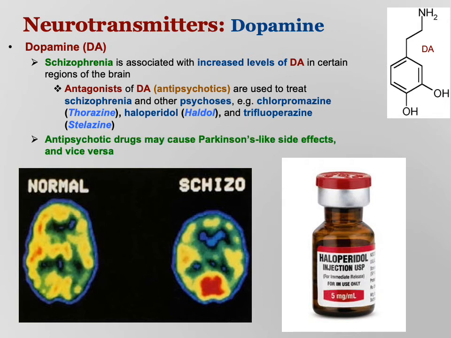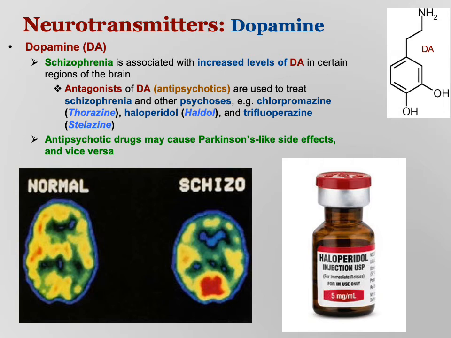You have Parkinson's patients, and they're taking dopamine agonists to make up for their loss of dopamine neurons in certain parts of the brain, but that excess dopamine may influence the parts of the brain that are associated with schizophrenia. So Parkinson's patients who take these drugs long term may begin to have some schizophrenic-type symptoms.